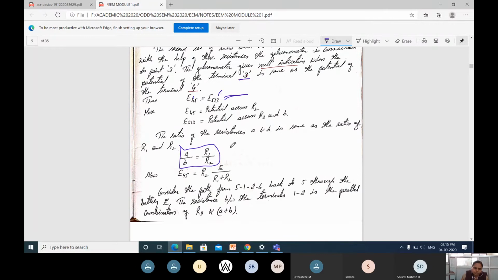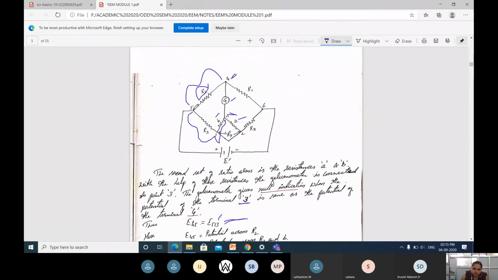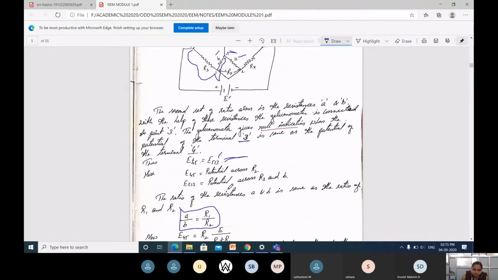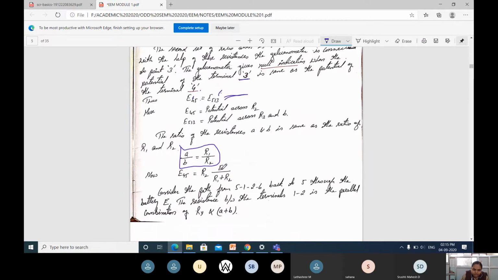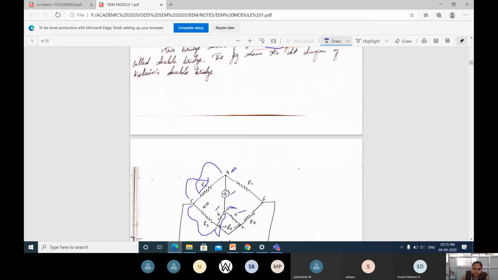E45 is equal to the resistance R2 into the whole potential, capital E, divided by the resistance R1 plus R2.